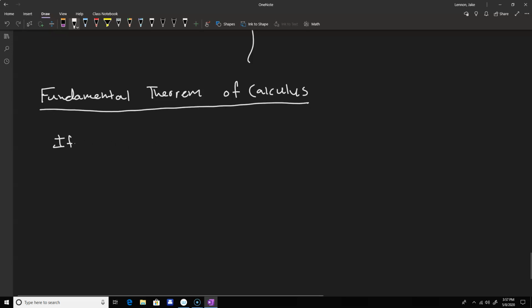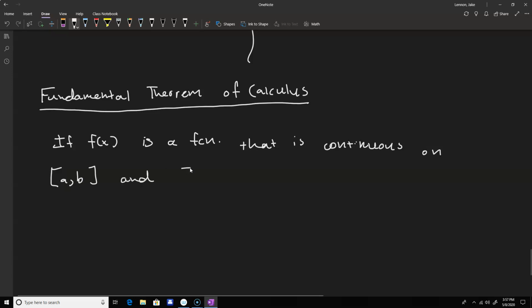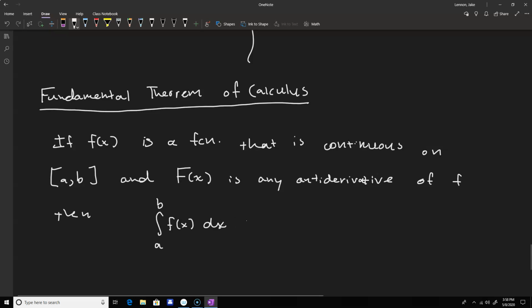So if f of x is a function that is continuous on [a, b], and capital F of x is any antiderivative of f, then the definite integral from a to b of f of x dx is found by doing F of b minus F of a.